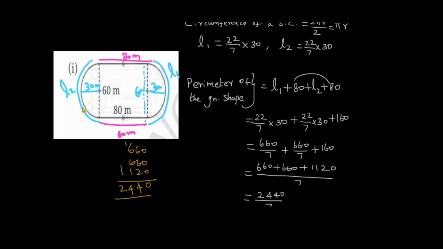2440 divided by 7. So we can write our answer in decimal, or we can give our answer as a mixed fraction. This is improper. 2440 divided by 7. 3 times 7 is 21, remaining 3, 34 is there.